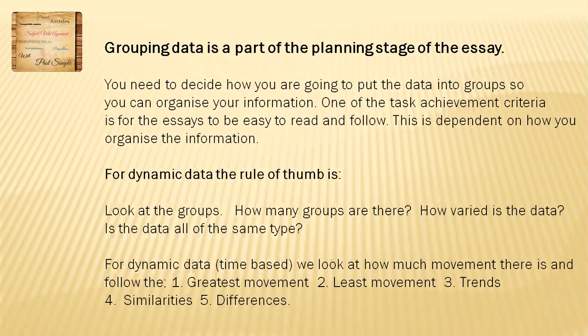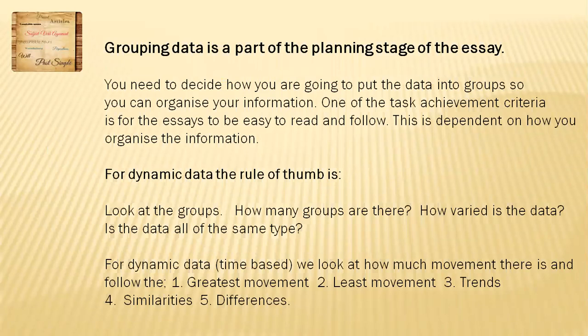You need to decide how you're going to group the information because you're going to have at least 2 paragraphs of information, body paragraphs that is, and the information is often presented in a way that you need to break it down to be able to summarize it.